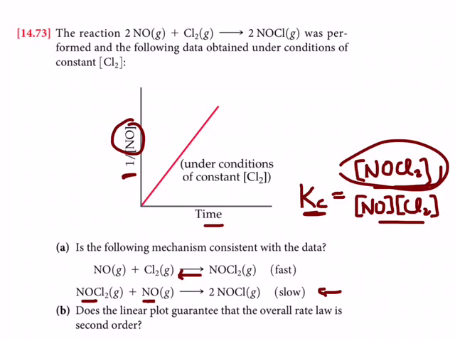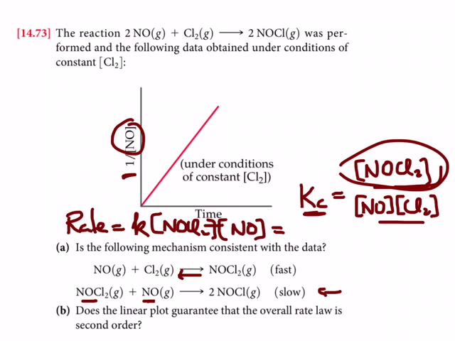If you then substituted that into the rate law for step 2, you would find that the rate law, which was equal to k, the rate constant, times NOCl2 concentration times NO, so at first it looks like it's just first order in NO. If you substitute Kc times the denominator of the equilibrium expression for NOCl2, you'd get k times Kc, which we could just call a new constant, times NO and another NO, so times NO squared, and then Cl2.